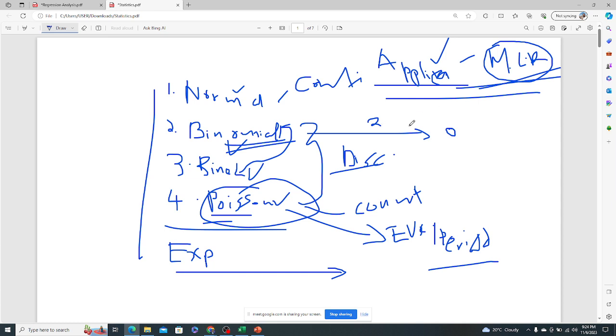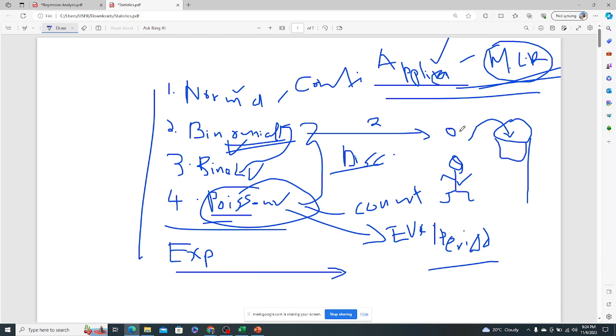Now, let me give you an example. Let's assume you are a basketball person, or you play basketball, and you are on the pitch, and you want to try a number of times to make a ball go through the basket.